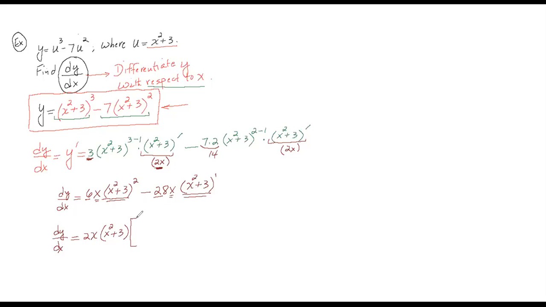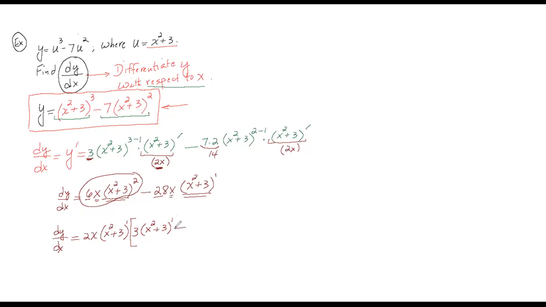So if I factored out 2x(x squared plus 3) from this first term, I will have a 3 and an (x squared plus 3) left. How? See, the 6 divides by 2 gives you a 3. x divided by x cancels out. And if you divide (x squared plus 3) to the power of 2 by (x squared plus 3) to the power of 1, 2 minus 1 gives you a 1.